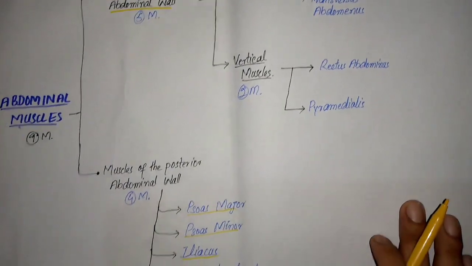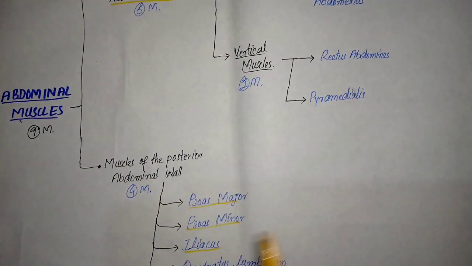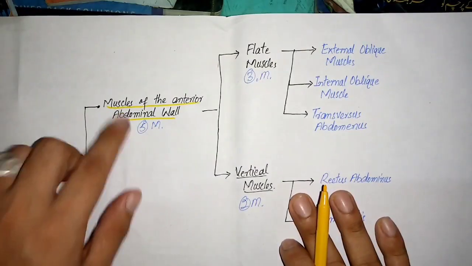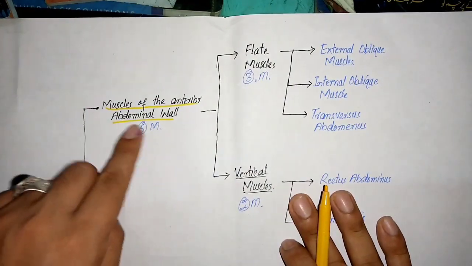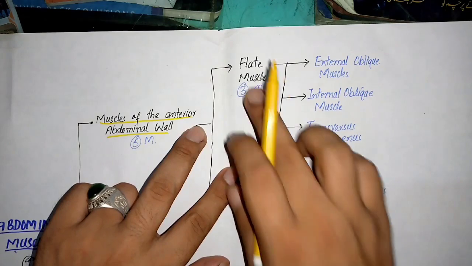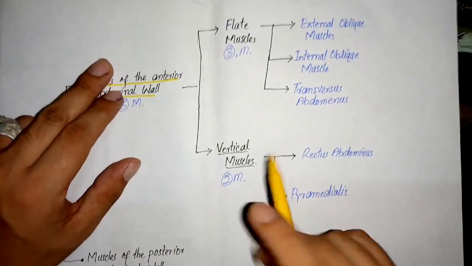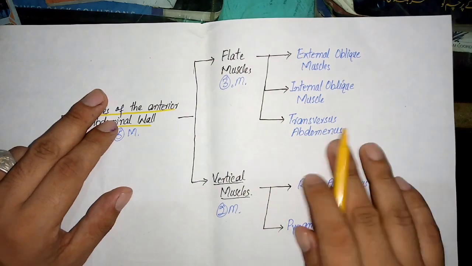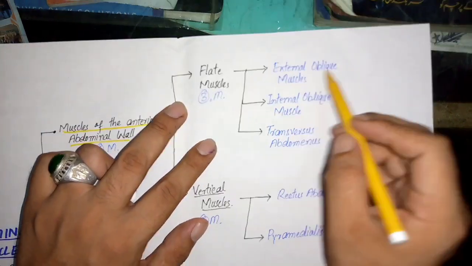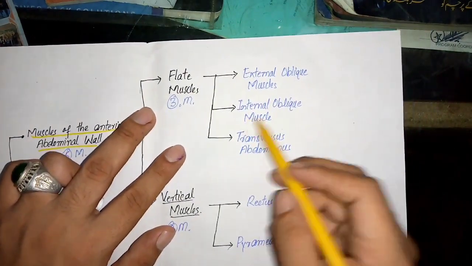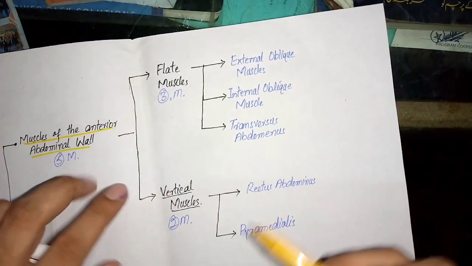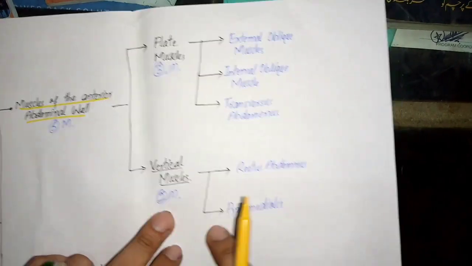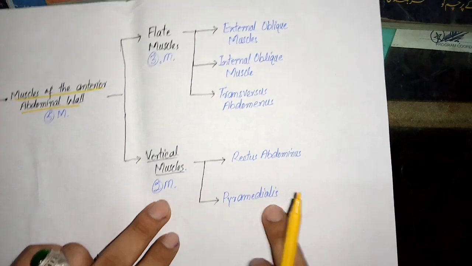Here we divide the anterolateral abdominal wall muscles into two categories: flat muscles and vertical muscles. Flat muscles are 3 muscles and verticals are 2 muscles. The flat muscles are external oblique, internal oblique, and transversus abdominis. The vertical muscles are rectus abdominis and pyramidalis.